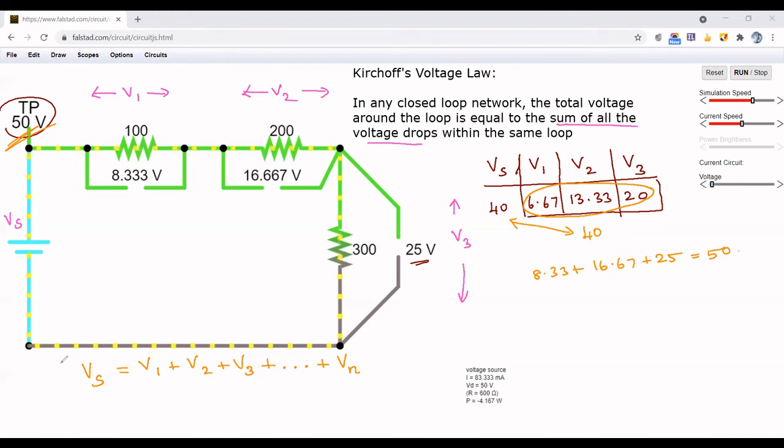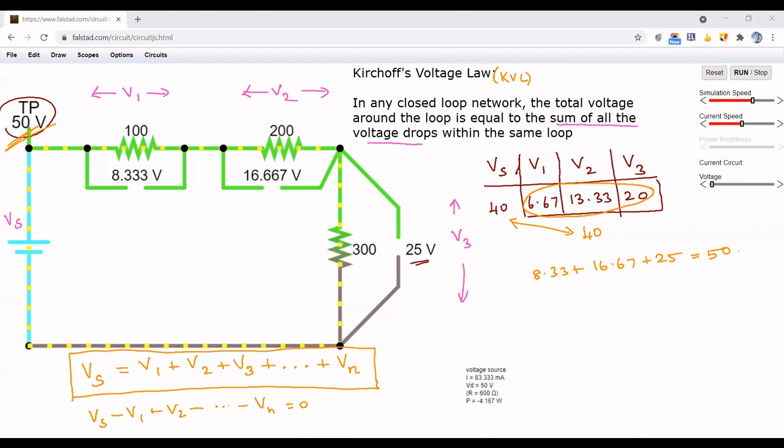This equation is explaining KVL, which is Kirchhoff's voltage law. And if you bring all the voltages to the other side, the equation is Vs minus V1 minus V2 minus so on till Vn is equal to 0.